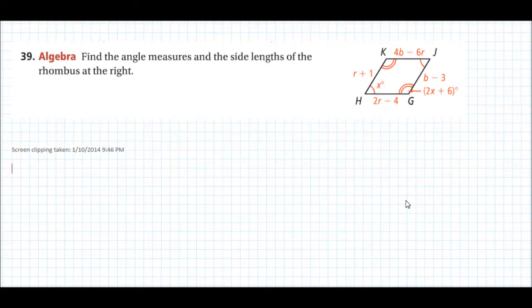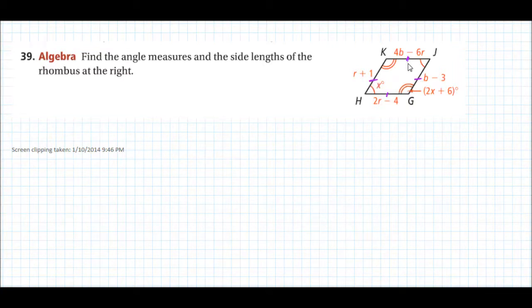39. Find the angle measures and the side lengths of the rhombus at the right. Okay. I have an angle x and I have an angle 2x plus 6. So we can make this thing work. Again, what do we know about the rhombus? We know all the sides are congruent.